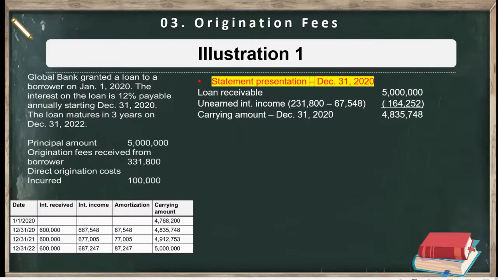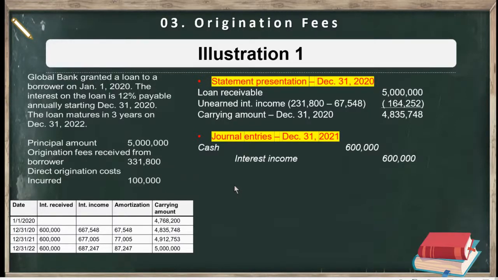So the carrying amount of the loan receivable would be 4,835,748. Next, the journal entries on December 31, 2021. Okay, the following year. So again, debit cash, credit interest income, and then for the amortization, debit unearned interest income and credit interest income.